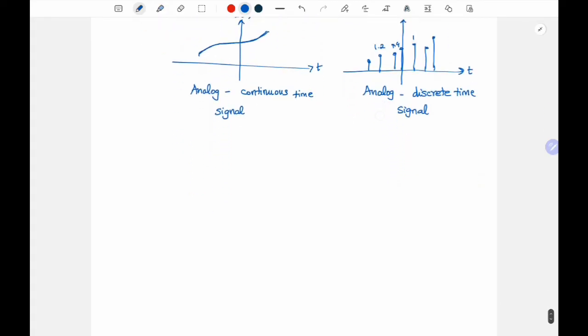So the second classification is digital signals. For digital signals, the amplitude can take only a finite number of values.